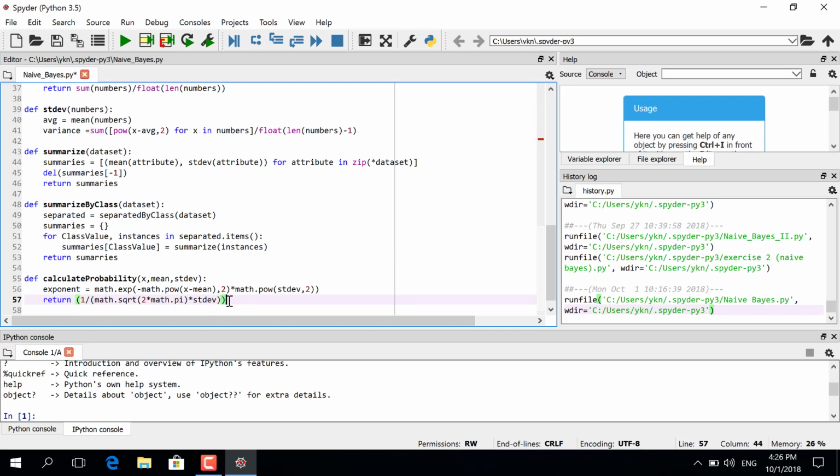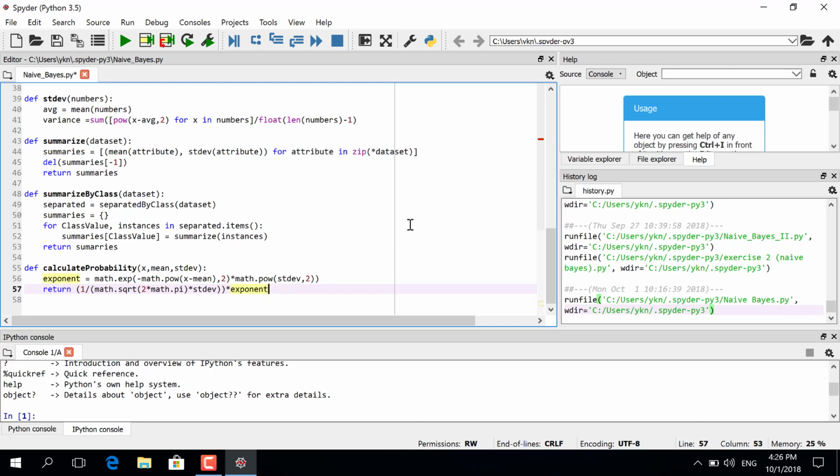Yes, there are two parentheses, and times the exponent that we have already defined using the z-score, the square of the z-score. So now we get our probability, that is the individual probability for each value within each cell in our table.